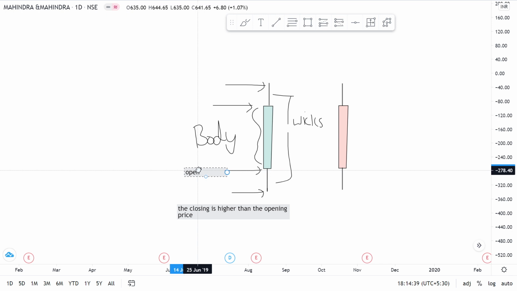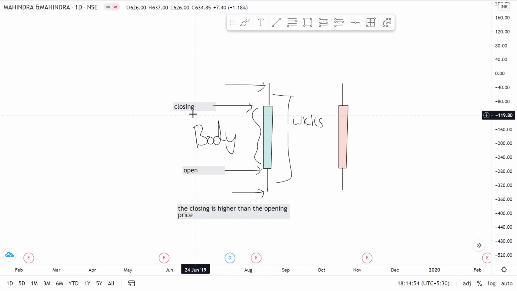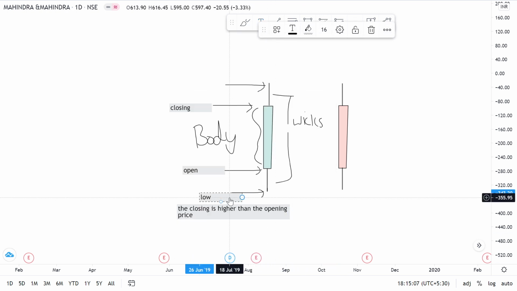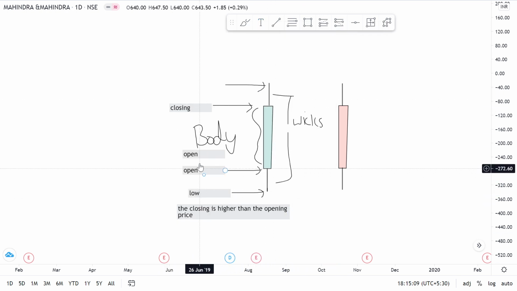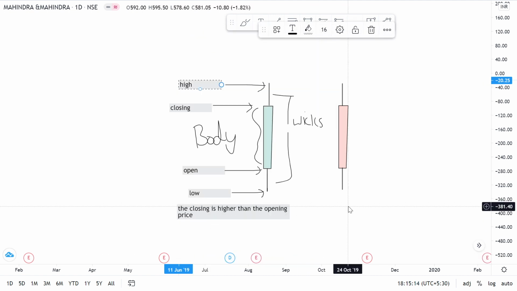This is the opening price of the candlestick, the lower point of the green body, and this price right here is the closing price. The higher point of the body is the closing price for a green candle. Now what do these wicks represent? The intraday volatility. This right here at the end of the wick is the low price, the lowest price which was attained in the day, and this price right here is the highest price or the highest point.